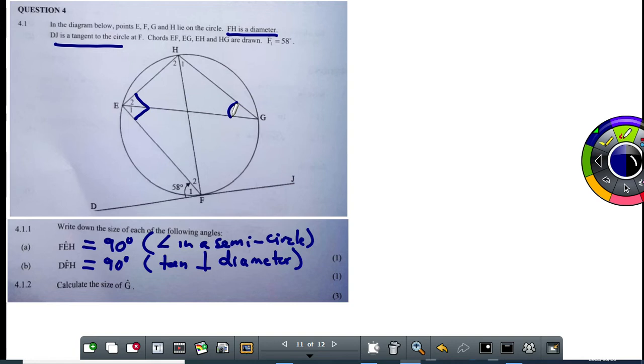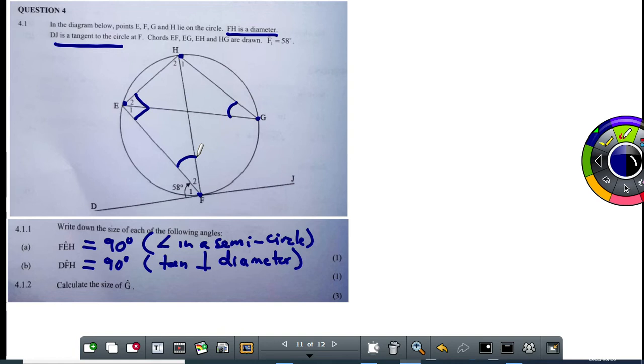So vertex G, vertex H, E, and F, they are all on the circumference, and there's a butterfly there. Therefore, angle G is equal to F2. Your reason is angles in the same segment. Theorem 4.